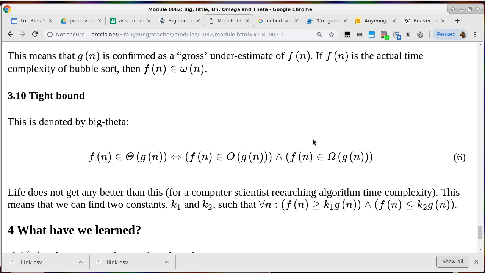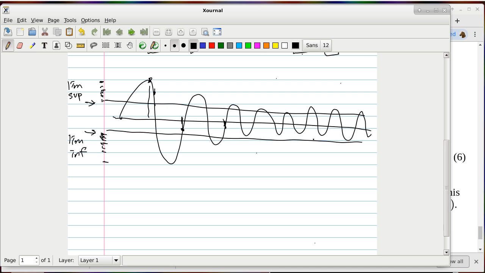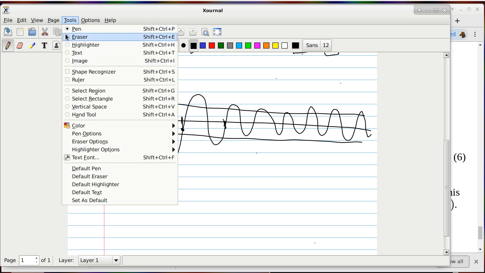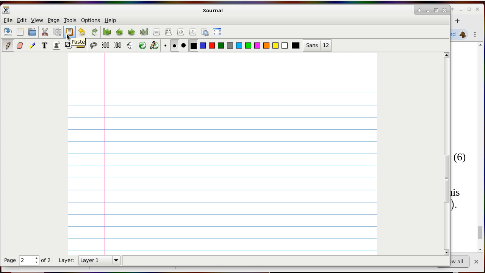Okay, so I'm going to give you a mind map, a concept map. Start a new page. We will start with infimum, supremum, and limit. That's just a normal limit. Those are the very first concepts that we talked about in this module.